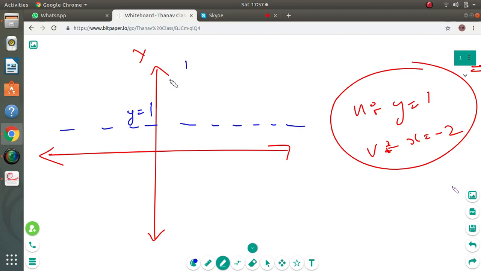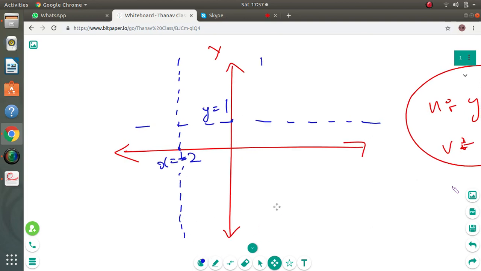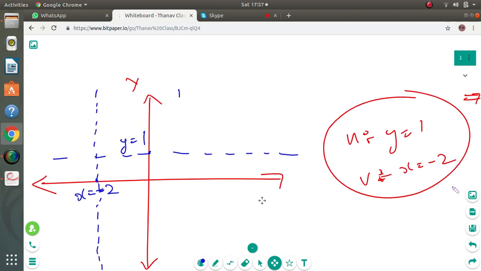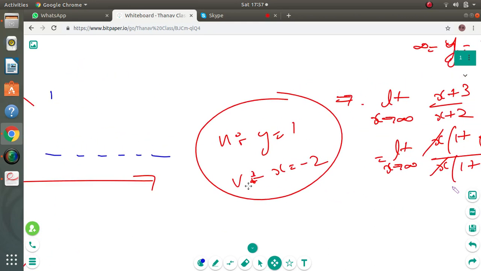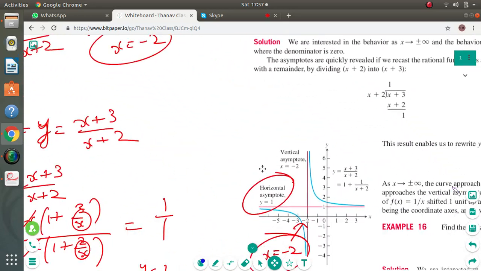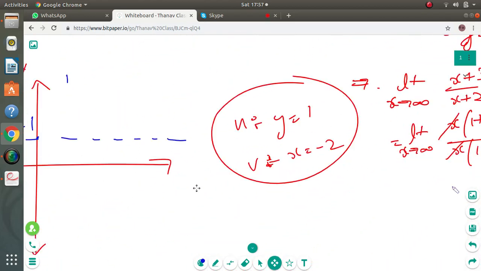Vertical here we have x equal to minus 2. So now how do you draw the graph? The graph is coming out to be like this. Now we have to just look at some points here. It is x plus 3 by x plus 2, right?